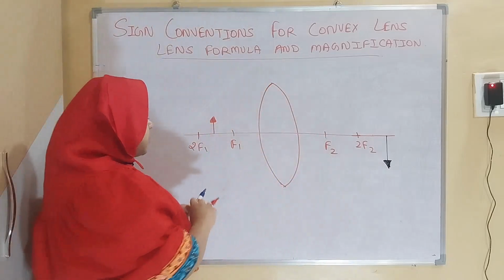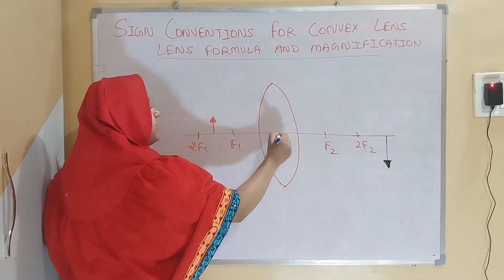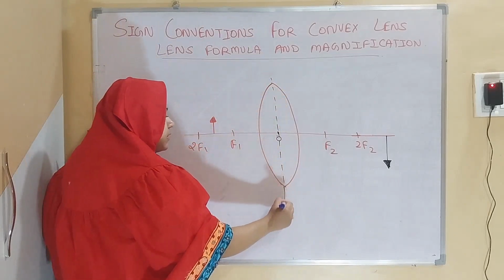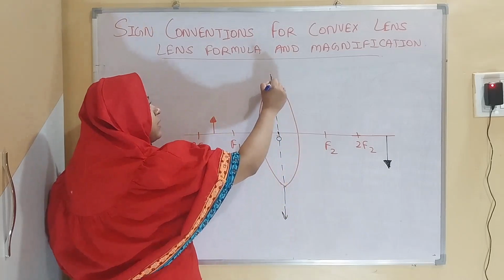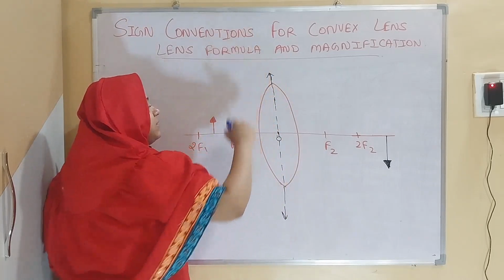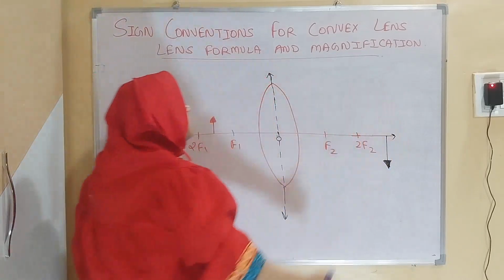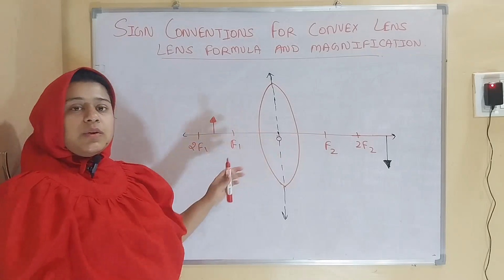Okay. So what we do is we divide the lens like this according to the Cartesian system, the optical center behaving as the origin.